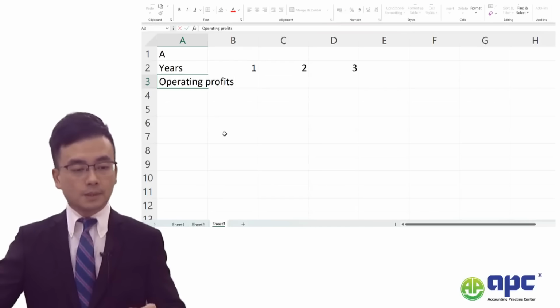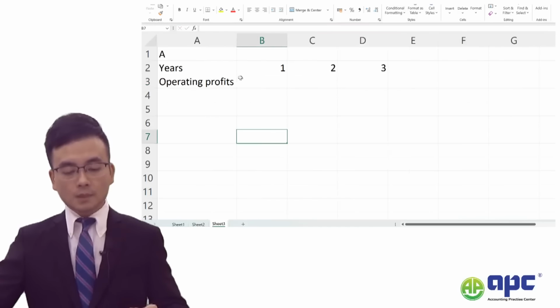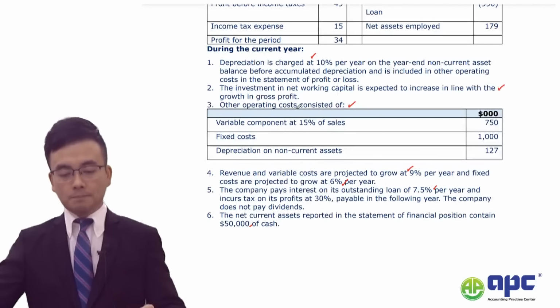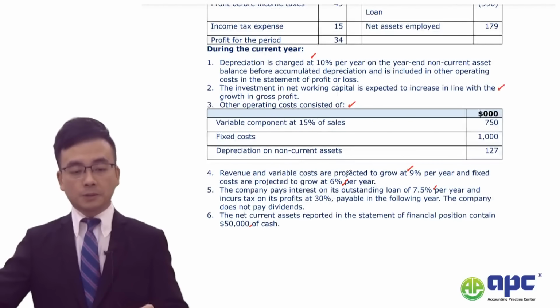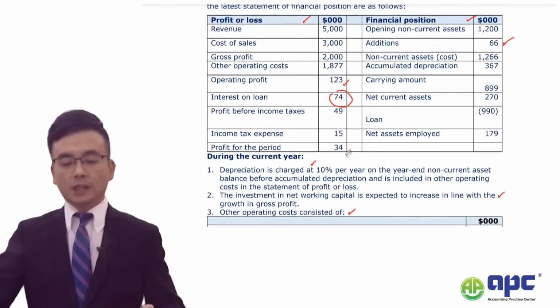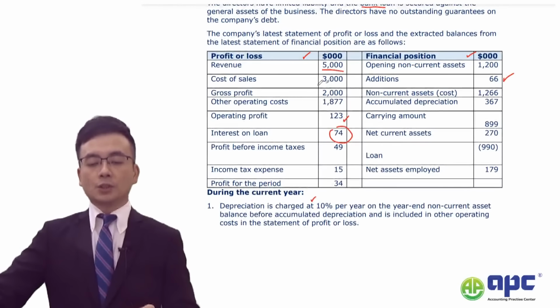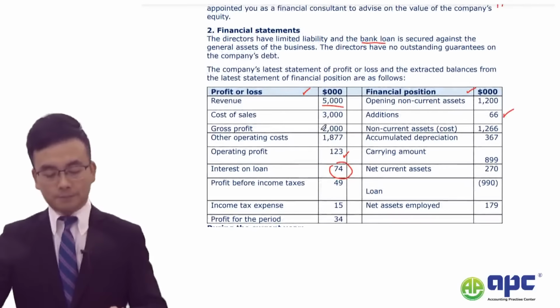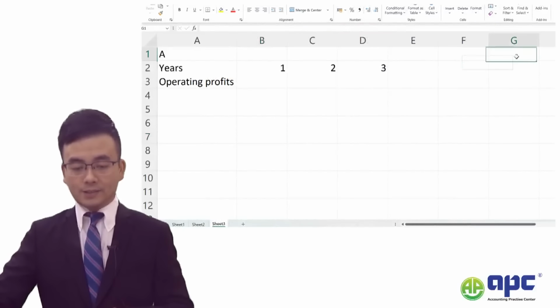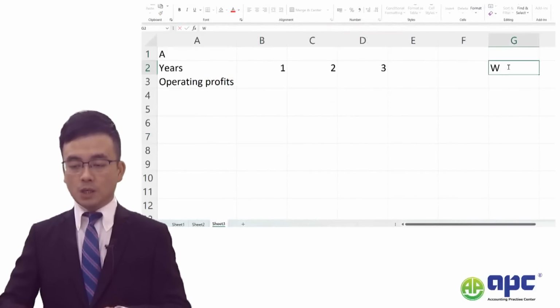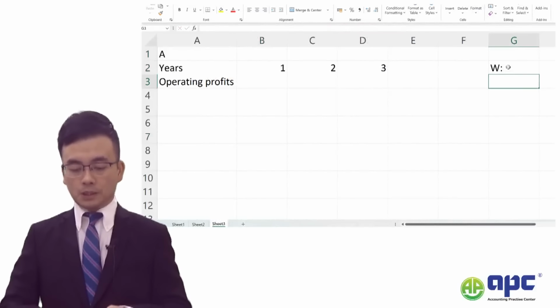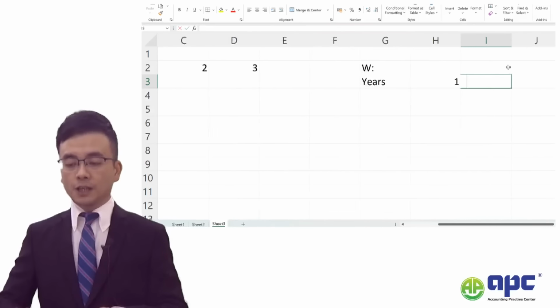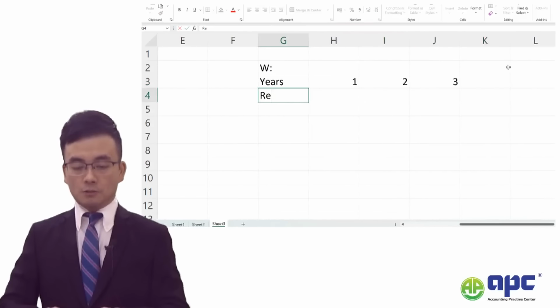Okay? The operating profit, because revenue and variable costs are growing all the time. So that's why we like to start with a working to compute that revenue and also the costs in there. So next to that, I like to start with a few workings. So for example, we've got years, 1, 2, 3 as well. And we've got revenue.